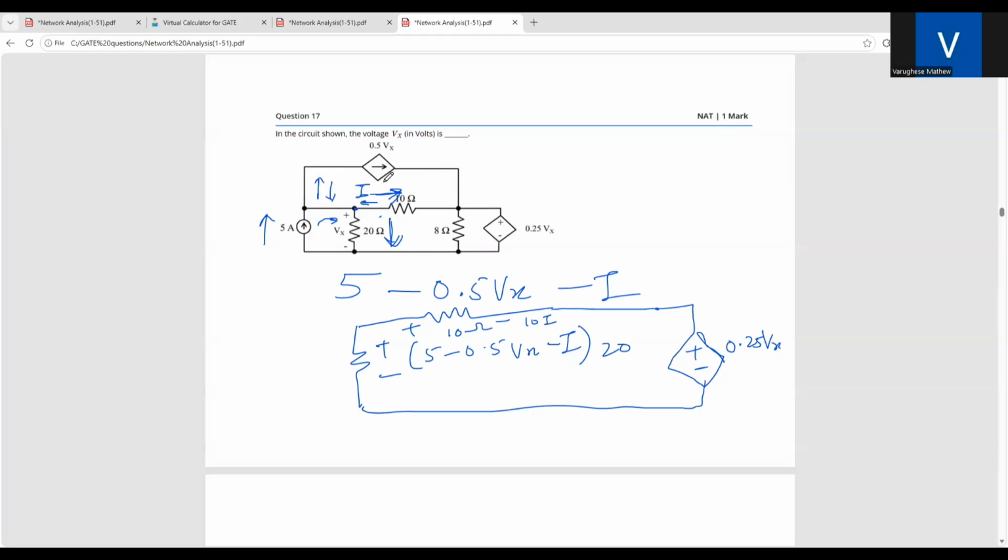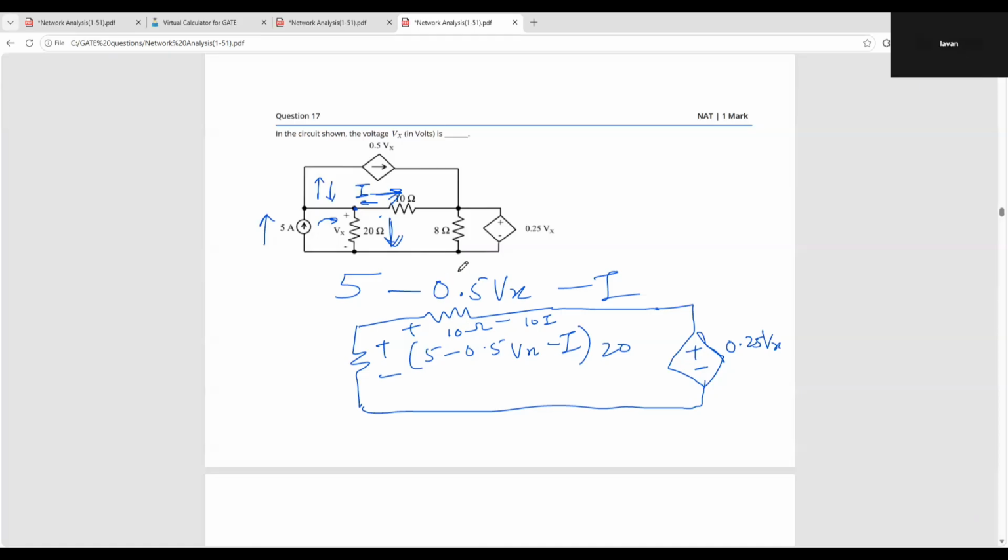If you assume this current, you can find this current. If you want to find the mesh analysis current, you will have to assume a current. Understood? What is the confusion?